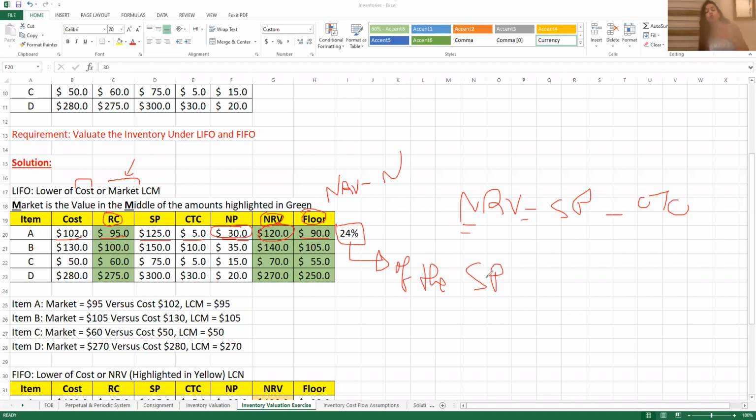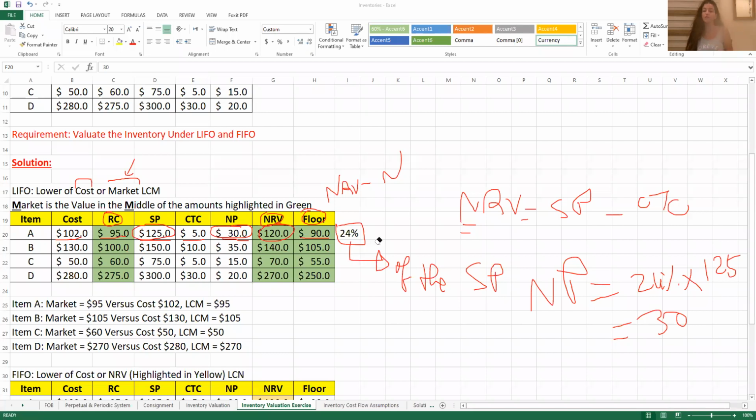So in case they give you the normal profit as a percentage, then to calculate the normal profit in dollars, you have to multiply the percentage, 24%, by the selling price, which is $125 in this case. So that will be equal to $30. That was the first example.